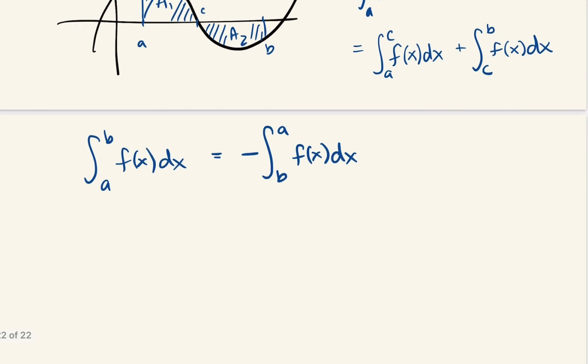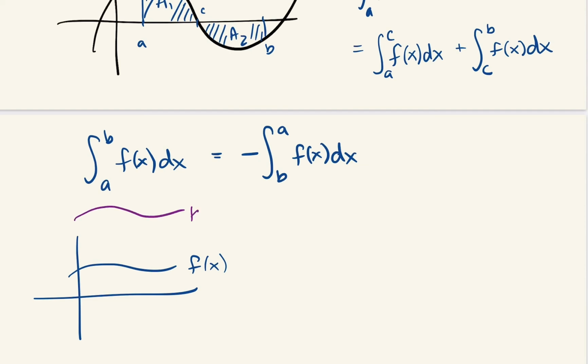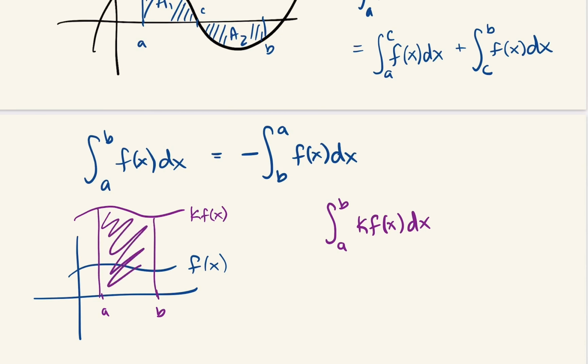The last one I want to mention is to think about if you had a function here, let's call that f of x, and then that gets multiplied by some value. So maybe up here we have k times f of x, so by some constant k. Then if you want to integrate from one point to another of this new function, k f of x, that would be this area.